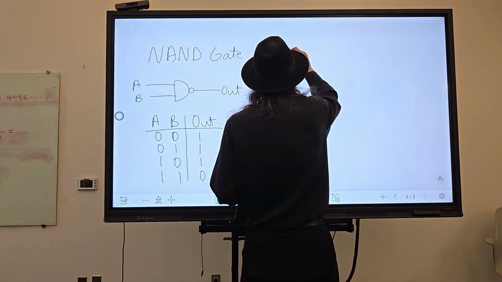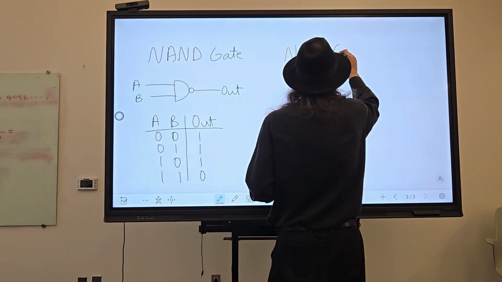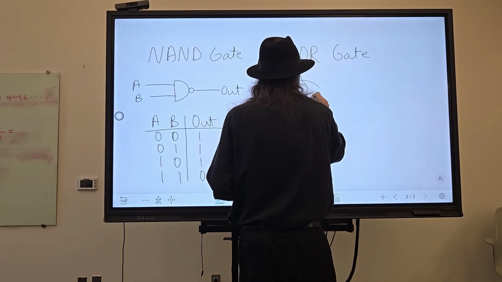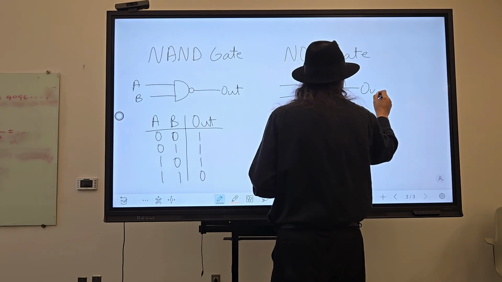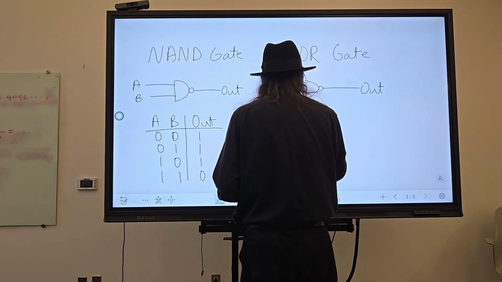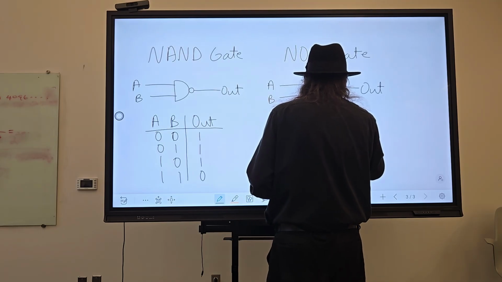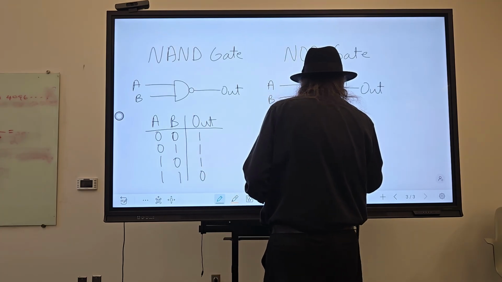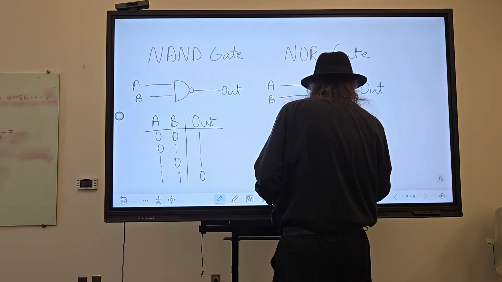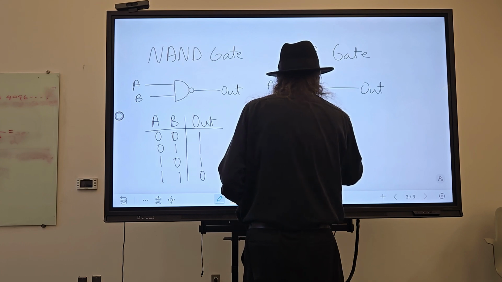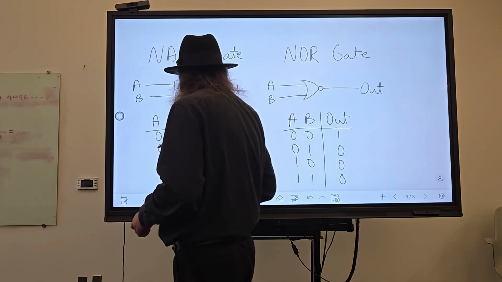The NOR gate is one when both inputs are low and low when any input is high. So that is the state table for that.